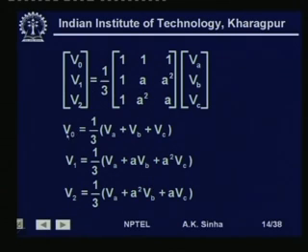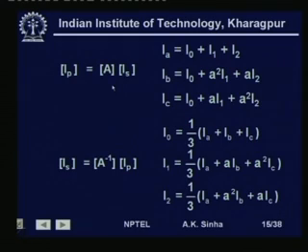If we expand this, we can write V0 is equal to 1 by 3 (VA plus VB plus VC), V1 is equal to 1 by 3 (VA plus A VB plus A square VC), and V2 is equal to 1 by 3 (VA plus A square VB plus A VC). So, this is the relationship between the sequence quantities and the phase quantities.